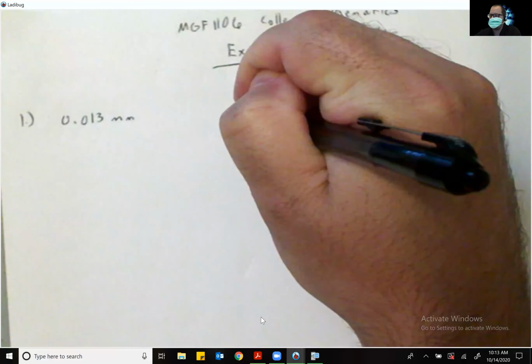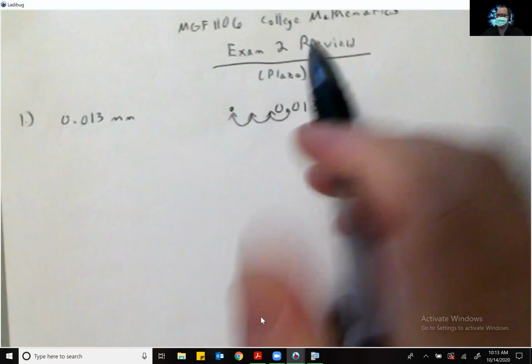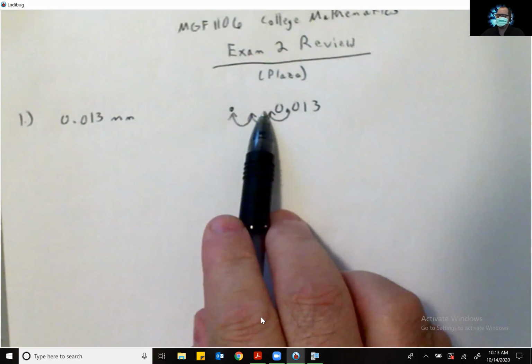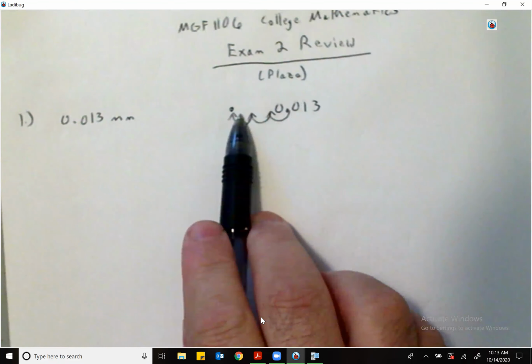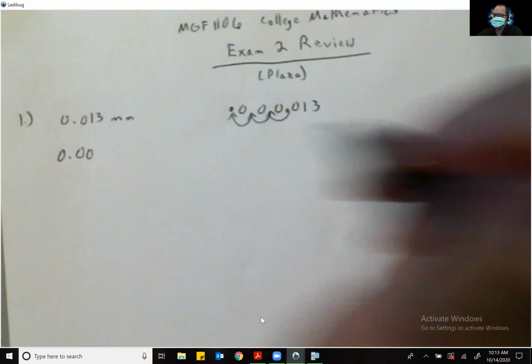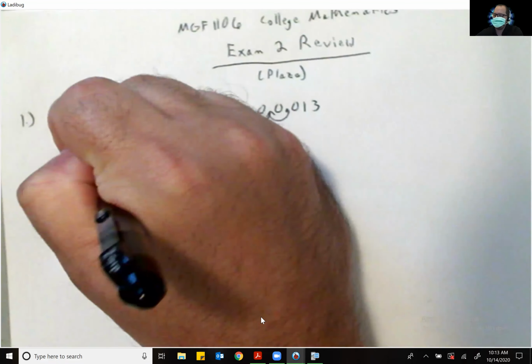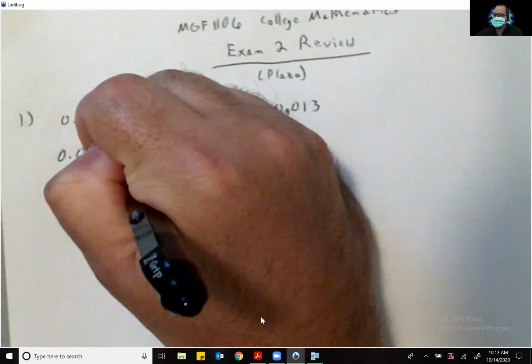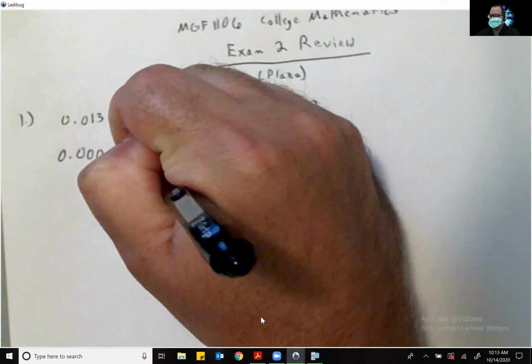Put our decimal back in. What's going to go in all these blanks? Zeros. Yes. So there's our number: 0.0000 13, or 0.0000130 meters. There's your answer.